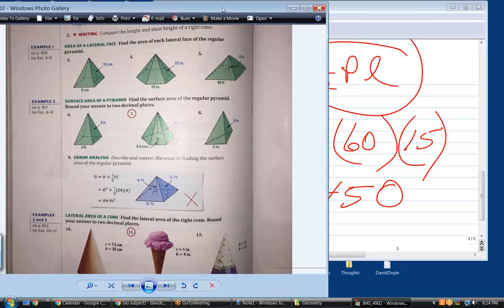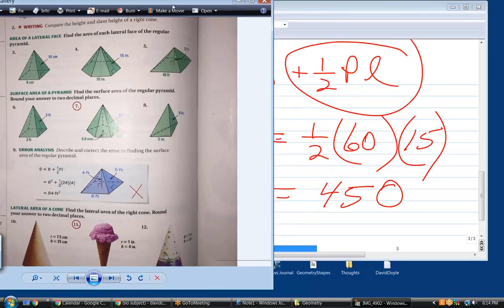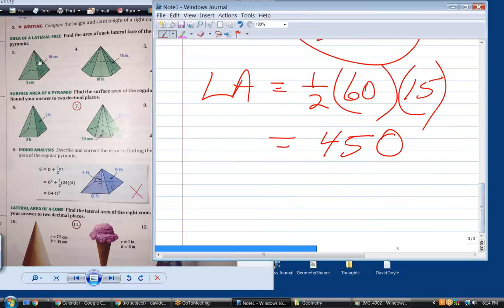Okay, excuse me. Hold on. I've done this wrong. I thought they meant the lateral area of all of the faces. Well, let's go back and look at this first one. The total lateral area on the first one was 1/2 the perimeter, was 160. That was all 4 faces are 160.